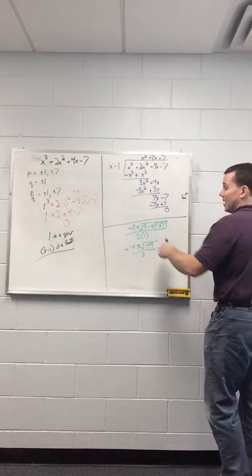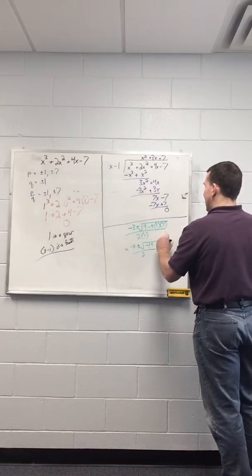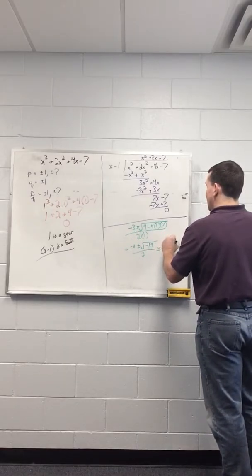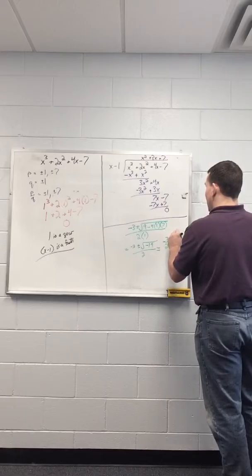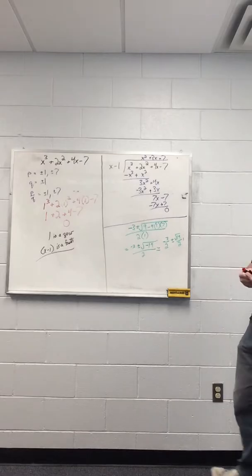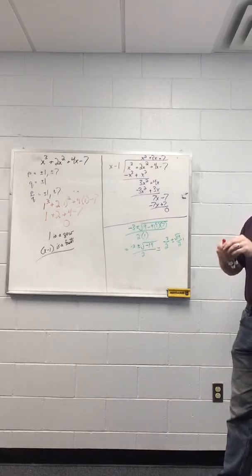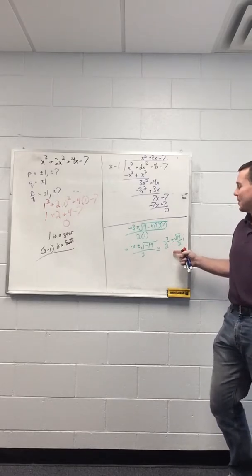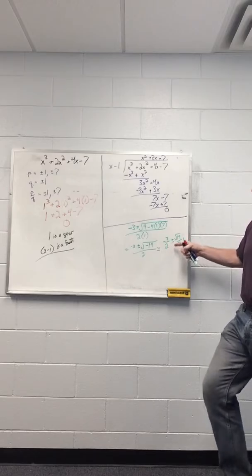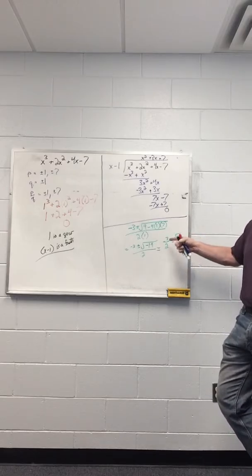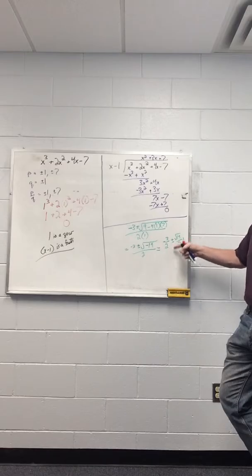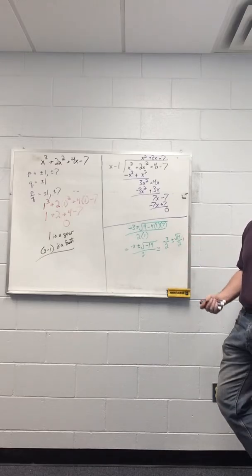That's a complex number, so we can rewrite it as negative 3 over 2 plus or minus the square root of 19 over 2 times i. We get two complex numbers here, negative 3 over 2 plus root 19 over 2i, and negative 3 over 2 minus root 19 over 2i.